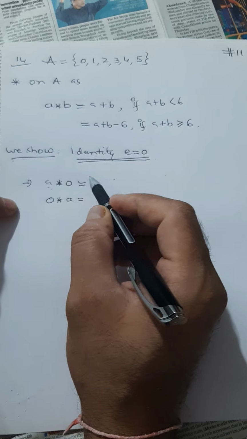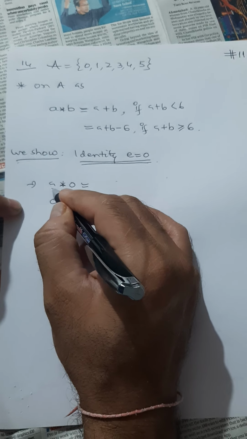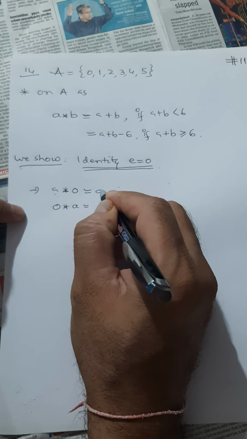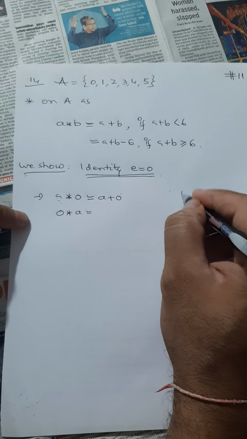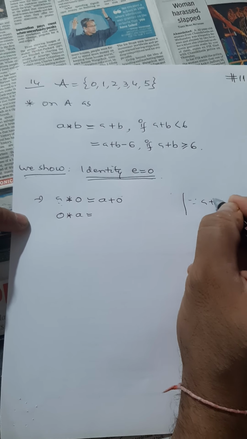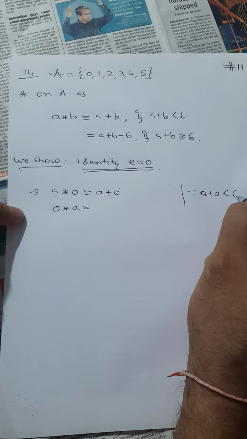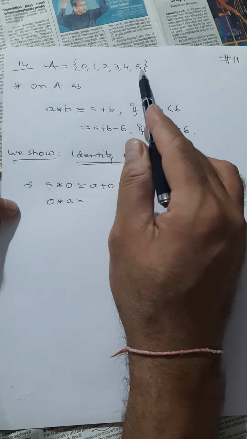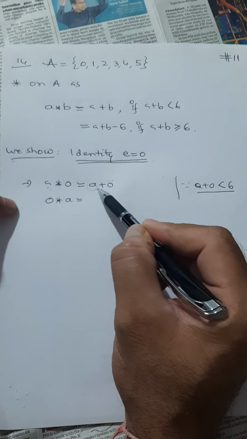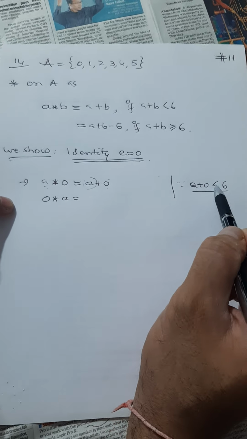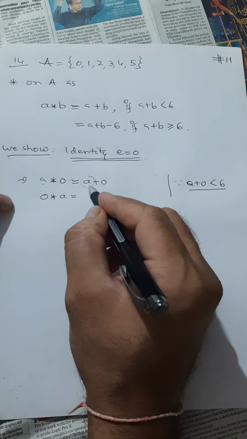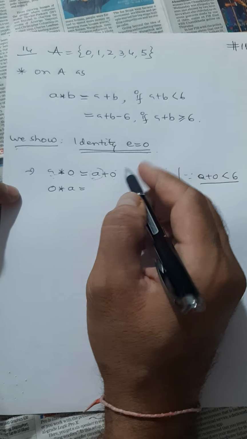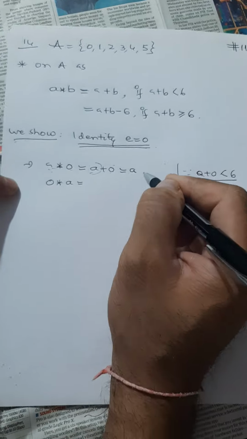Now a asterisk 0, here it would be a plus 0 only, because a plus 0 is less than 6. A comes from 0 to 5, so any member from 0 to 5 plus 0 is always less than 6, so a asterisk 0 is a plus 0, which is a.